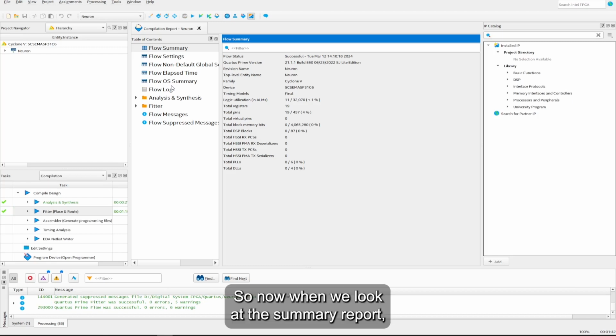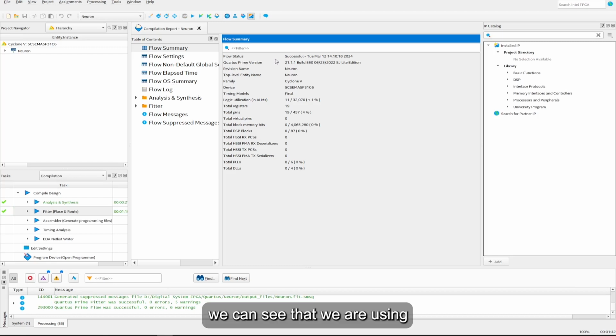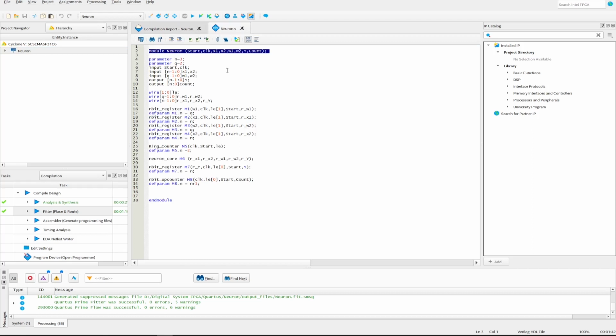So now when we look at the summary report, we can see that we are using a total of 19 registers and 19 pins. And this is exactly as how we have designed our neuron.